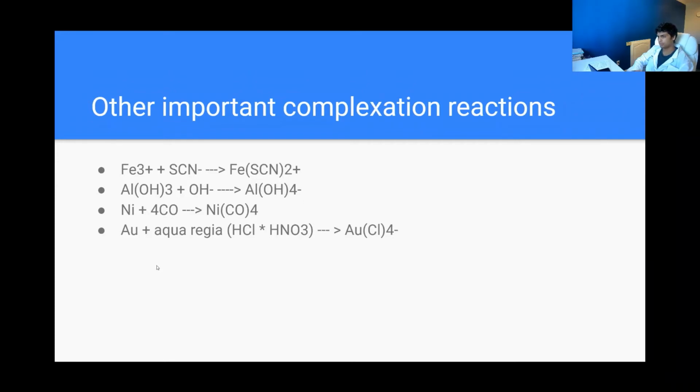So it's a qualitative test for aluminum. I think I said ammonia, but I meant aluminum. Then nickel plus 4CO will form nickel tetracarbonyl. And then you can just remember this.